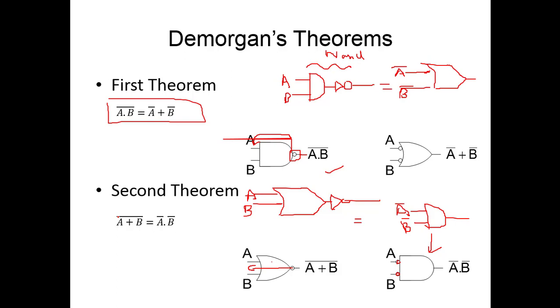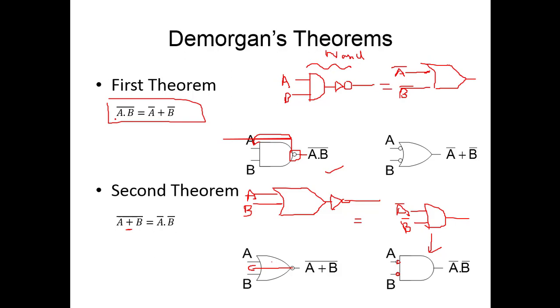Similarly, a or b whole complement is equal to a complement and b complement. This complement is distributed on all the literals, and the OR operation becomes AND operation. De Morgan theorem can be applied to x and y and z whole complement.